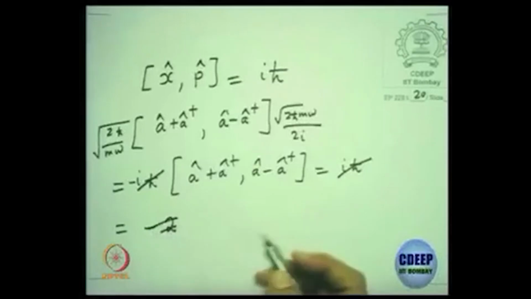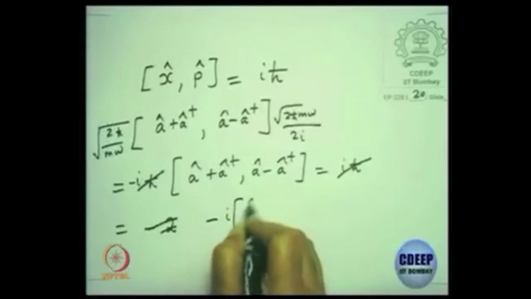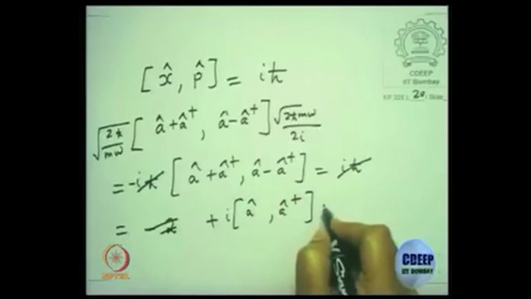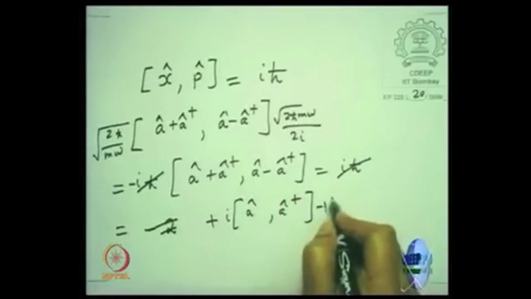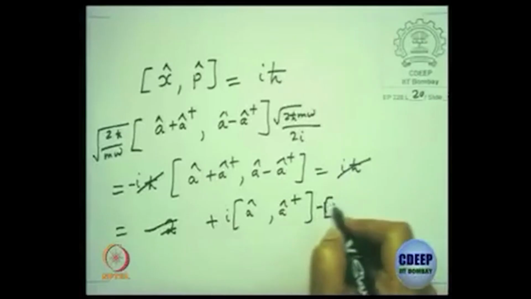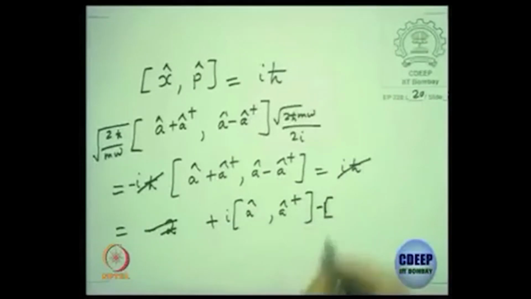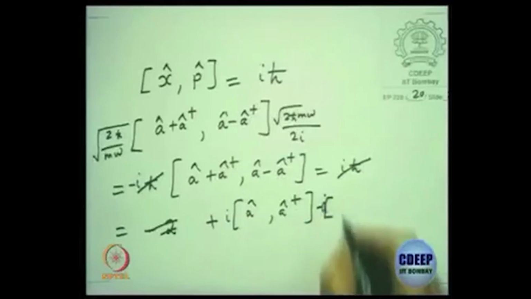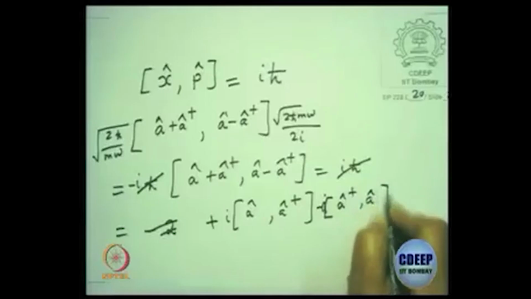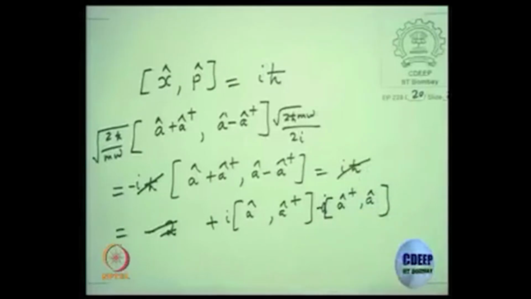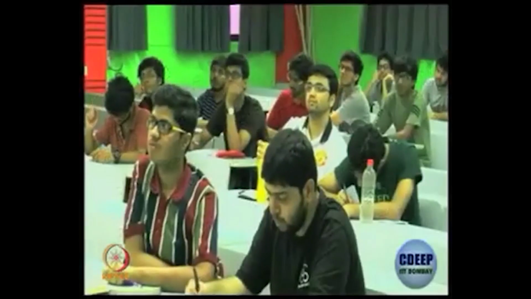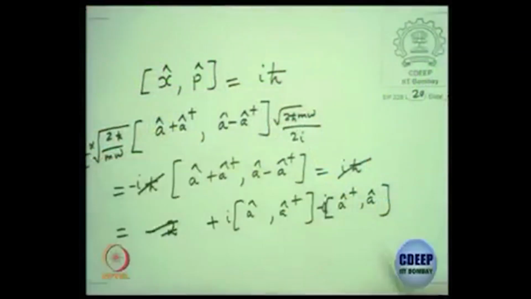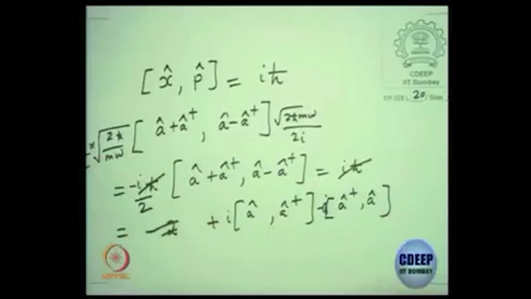What happens? Someone? Already a minus sign. Minus i A dagger with A. Huh? There is an extra 2? Yes, yes, good. So there is another 2 from there. Thank you. So there will be a 1 by 2.